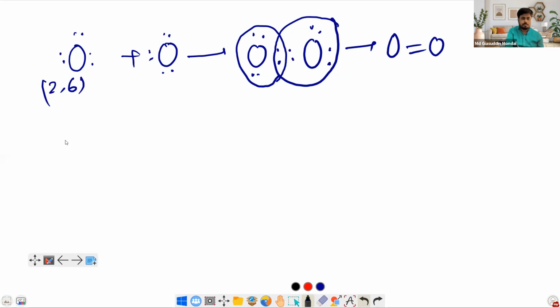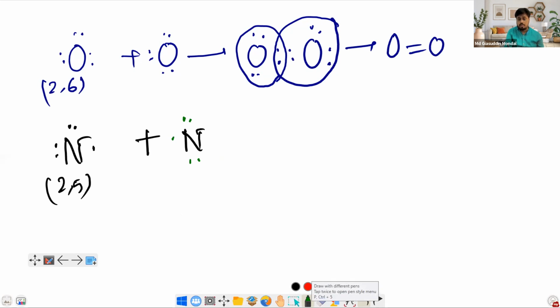And in case of nitrogen, you can find 2, 5. That means 1, 2, 3, 4, and 5. And again, you can find here 1, 2, 3, 4, and 5. But now I'm telling you, in case of forming a triple bond, do not write in this way.